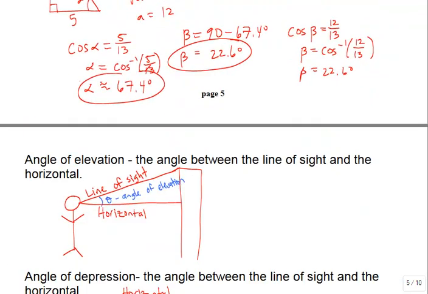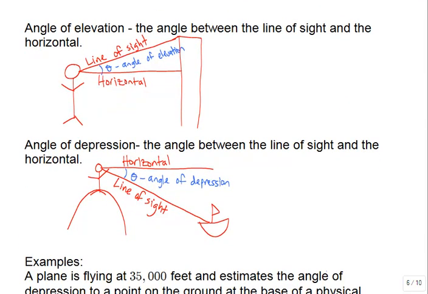Okay, so let's take a look at some common types of applications that you'll see. In the next several examples, we're going to talk about something called an angle of elevation and an angle of depression. Now, an angle of elevation is defined to be the angle between the line of sight and the horizontal. So if you imagine this person looking off into the distance, looking straight ahead, parallel to the ground, that would be that horizontal line of sight.